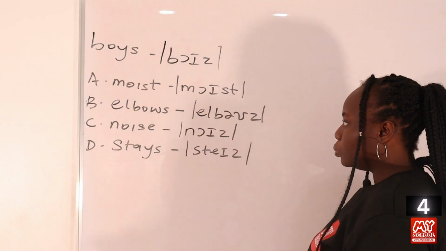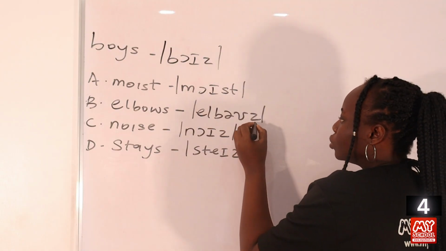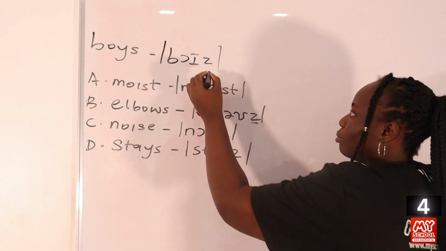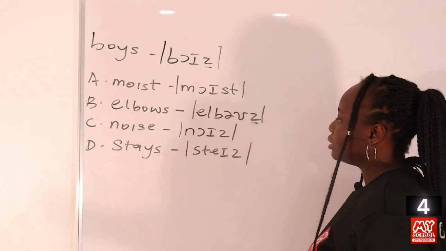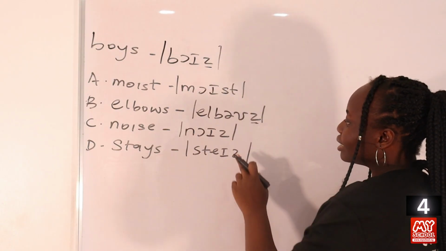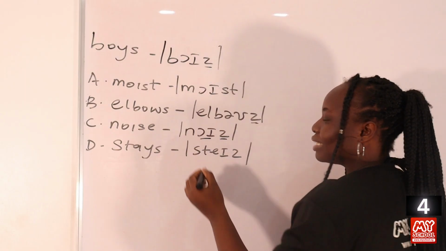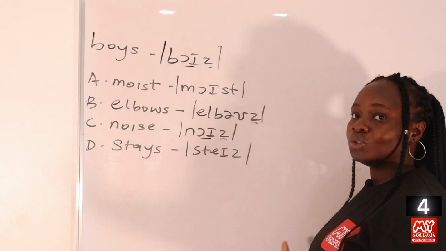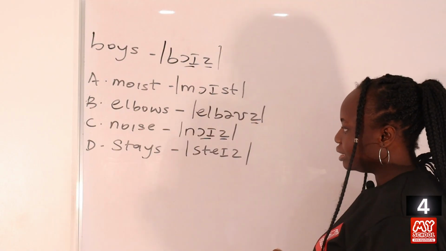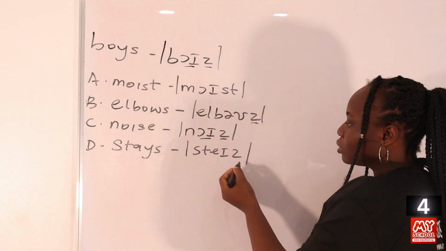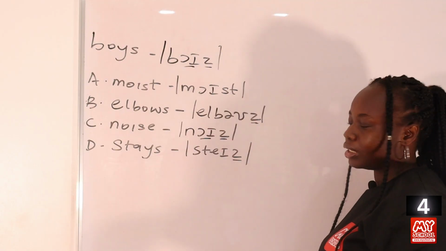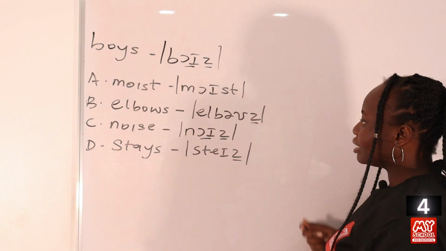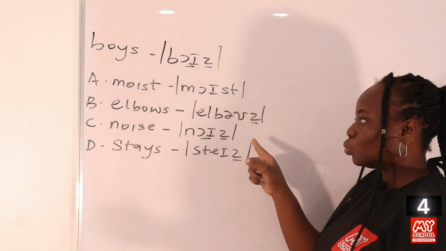Then the word elbows, we can see it's only the Z sound at the end that is similar to the one at the end of boys. For noise, we can see that the Z and the oi sound as well is similar to boys. Boys, noise. Then for option D, stays, the only sound similar is the Z sound at the end. So from this, we can see that boys rhymes with noise.